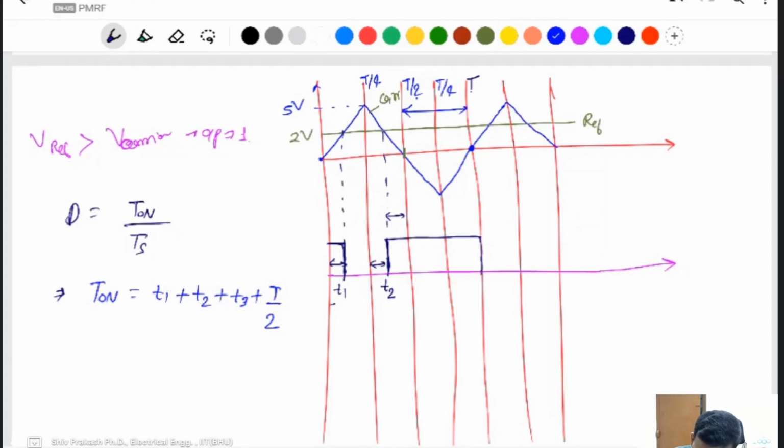Oh sorry, this one is T3 only. This T2 is not coming in the T on time period because this is the off time period. So it is T1, T3 and T by 2.